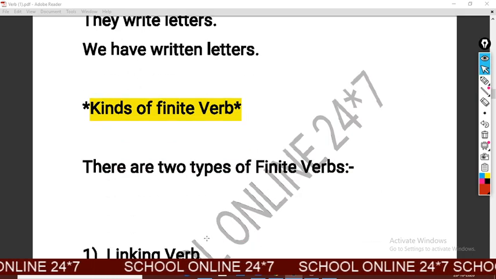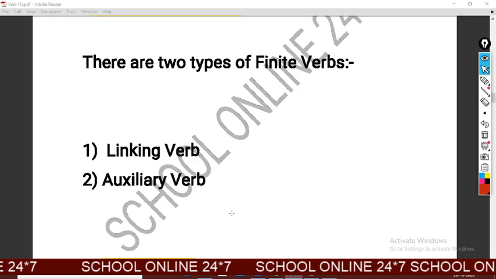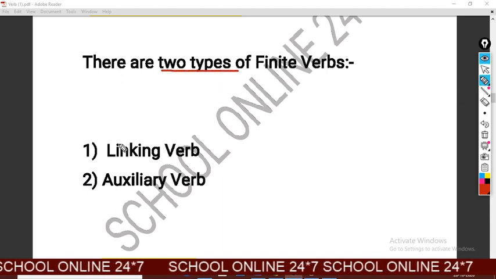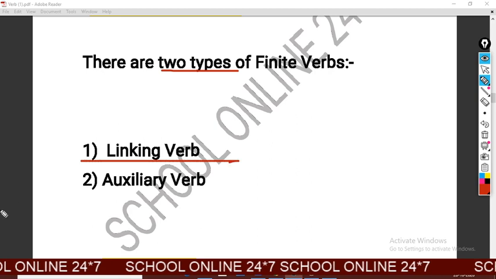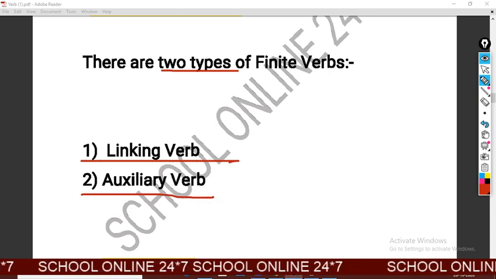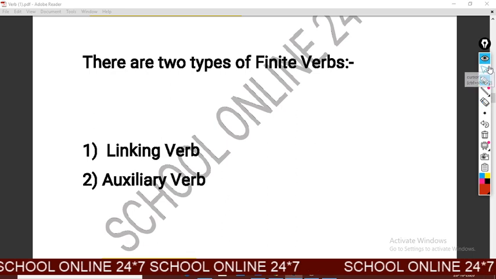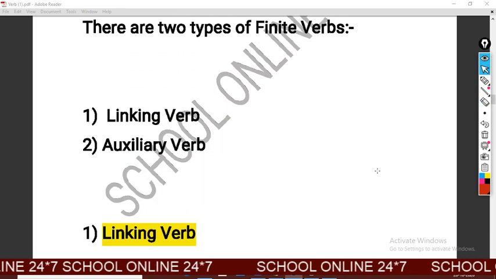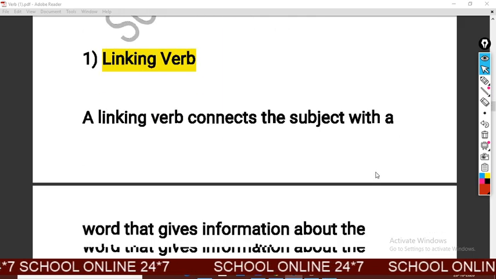Next, there are two types of finite verb. Means finite verb also has how many types? Two types. First is the linking verb, second is the auxiliary verb. What is a linking verb?